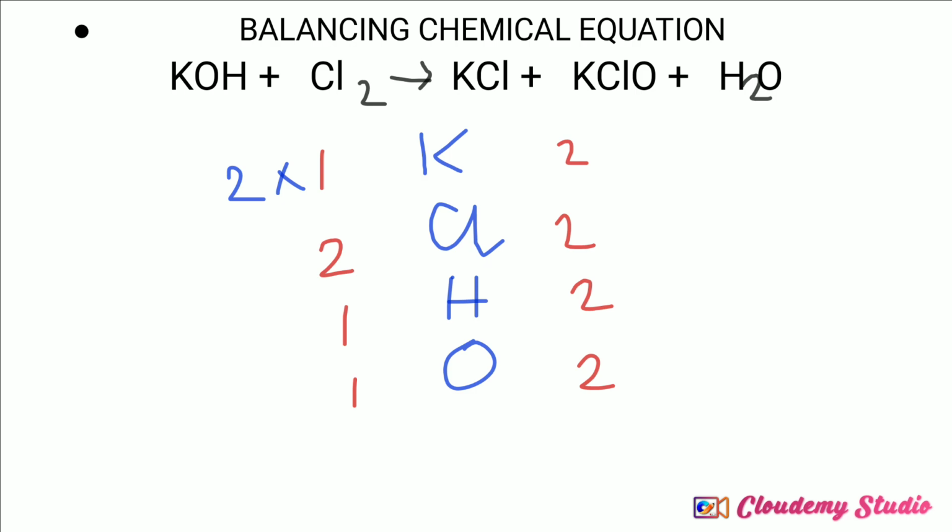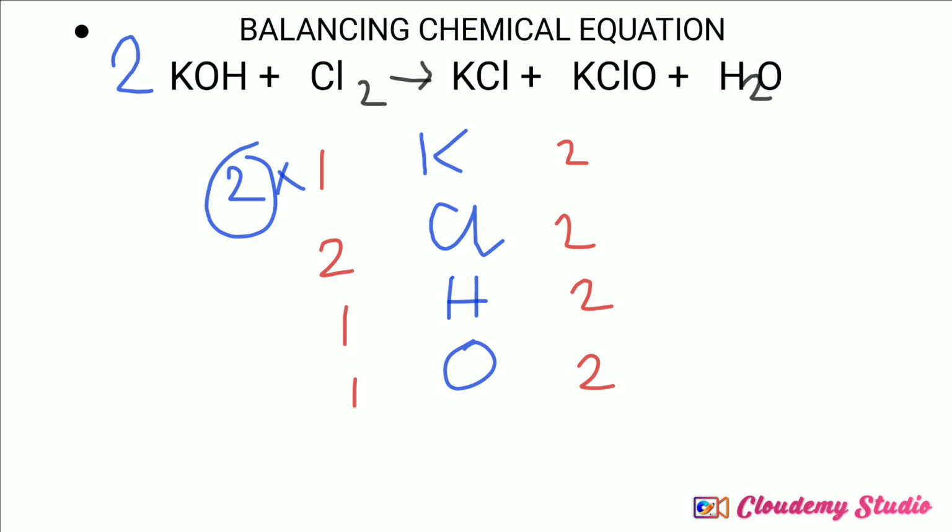So as a result, it will also become 2. This 2 we need to write as a coefficient for this K. So where is this K present? In KOH. So this 2 has to be written as the coefficient of KOH.